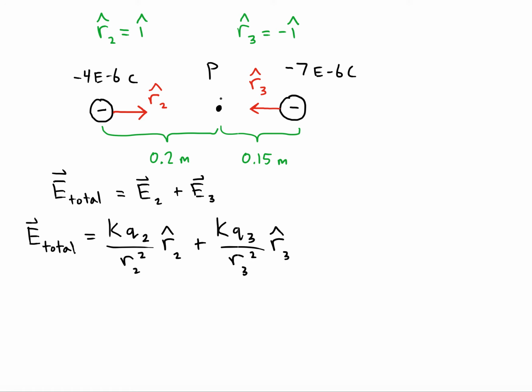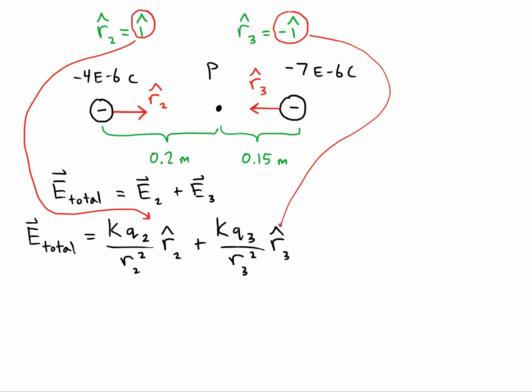What we could do next is do a substitution, where we take this and plug it in here, and take this and plug it in here. In doing so, now we don't have to use an absolute value in our calculations for the charge. We can just let the charge be what it is, and the mathematics will work itself out.